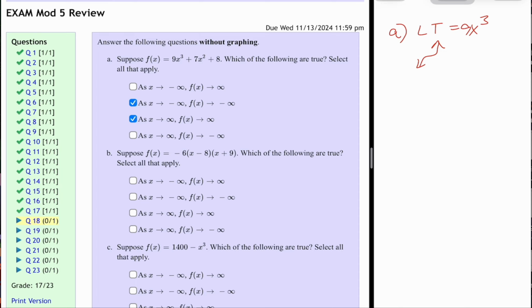The second one I checked is saying that the right is going up. B, the lead term would be negative 6 times x, or negative 6x squared. So both ends are going to point down. So the left end has to go to negative infinity. The right end has to go to negative infinity, and those are the two choices you see there.